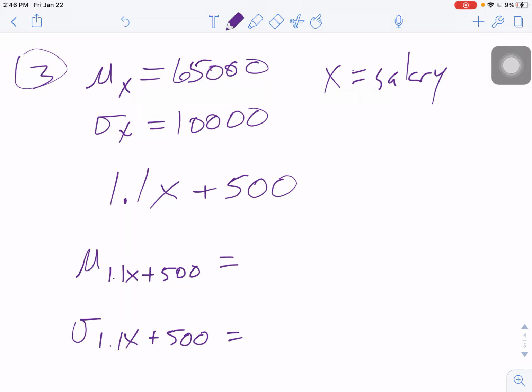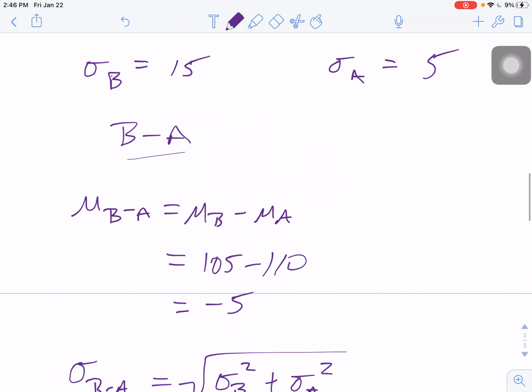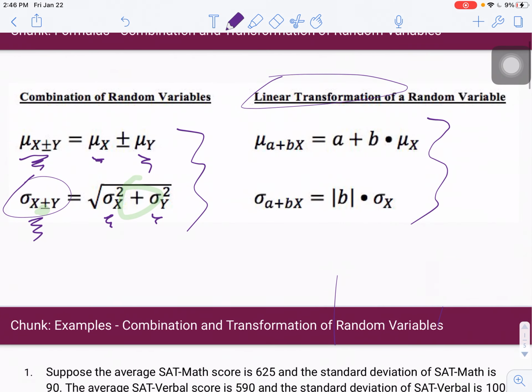Again, the transformation here is multiplication and addition. So if we go back up to the formulas, that's what we're looking at. In this case, A is 500 and B is 1.1. Now I'm going to apply these formulas.